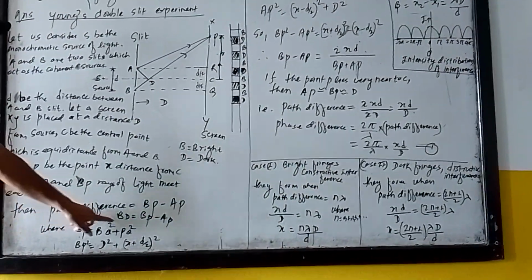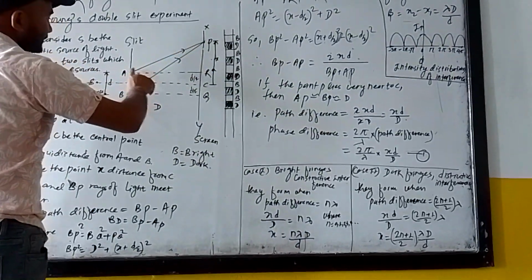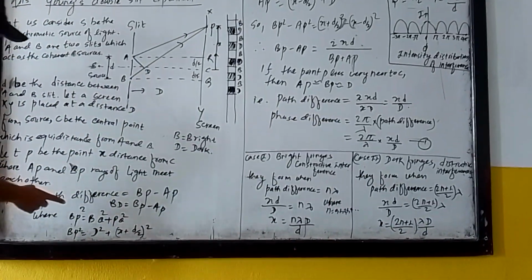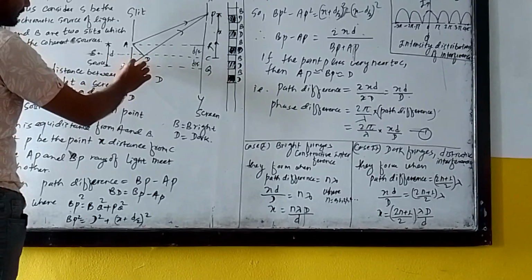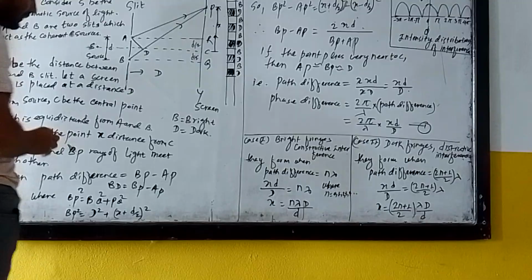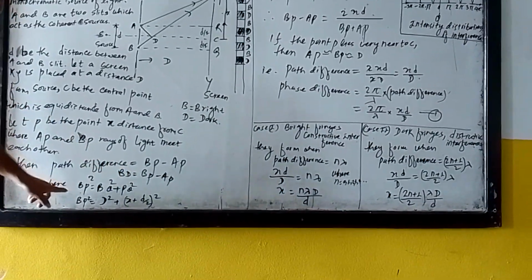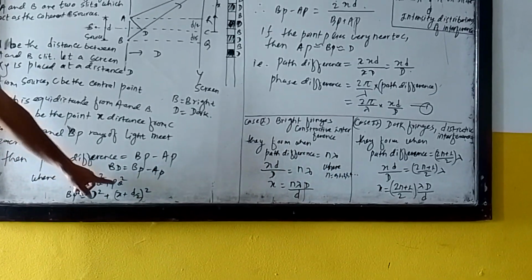First he calculated the path difference between the two waves AP and BP. He wrote path difference equal to BP minus AP, because that much more distance the BP wave travels. Here BP square equals BQ square plus PQ square.